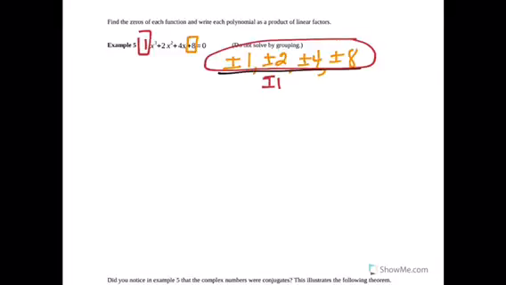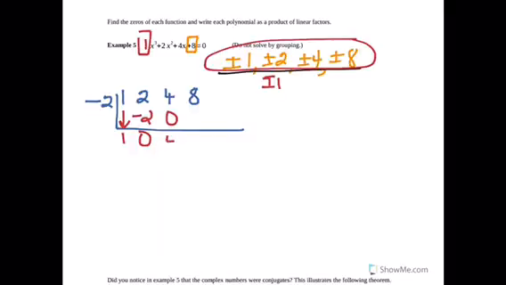I'm going to use synthetic division to test. Now you might be wondering, how do I know exactly which factors are going to work and which ones aren't going to work? I actually don't, but for the sake of time today, I'm intentionally showing you the ones that work. Okay, so 0, 0, 4, -8, 0.